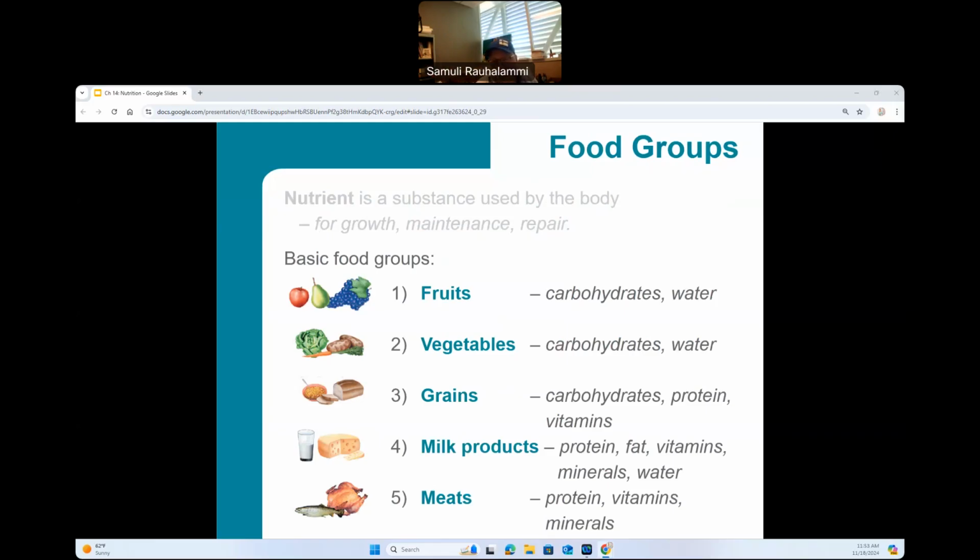Also in some meats, we'll see carbohydrates, fats, and vitamins such as B12, thiamine, B1, water, and fiber. The really big take-home message about these food groups is that a diet consisting of foods from these 5 food groups normally guarantees an adequate amount of all of these needed nutrients.